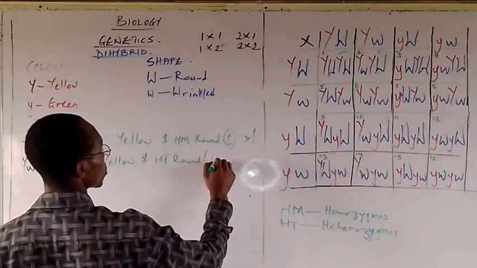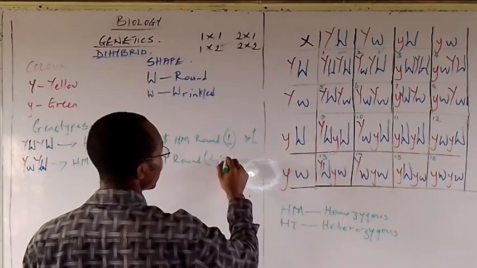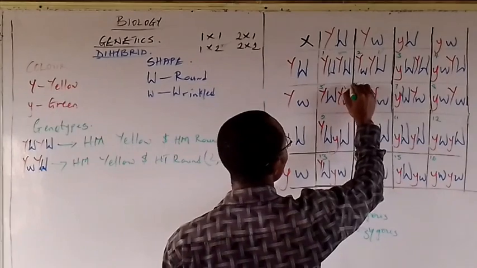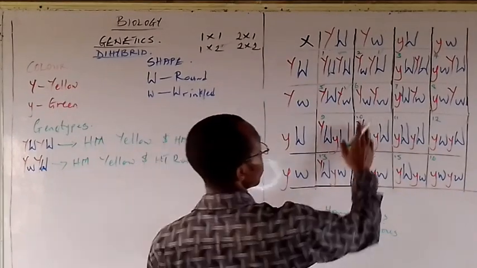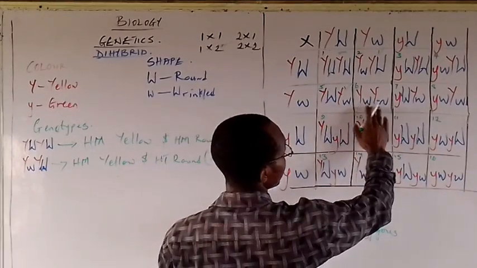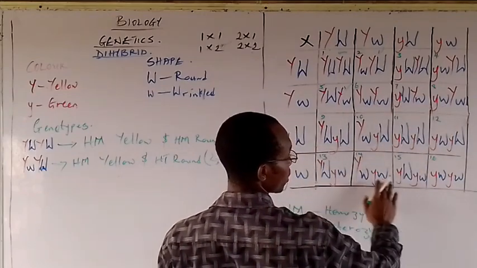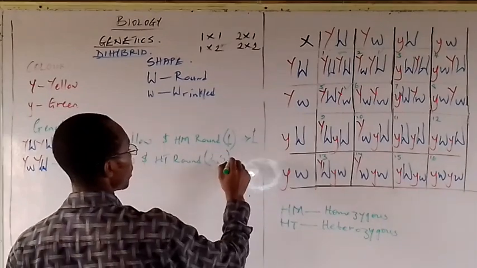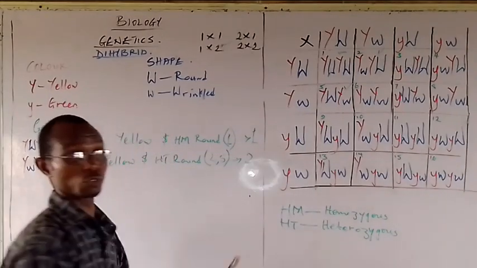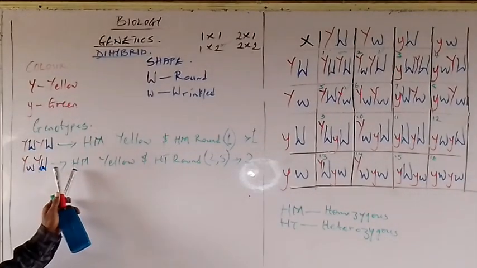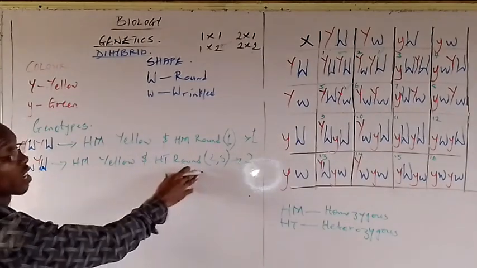So we have it in number 2, number 5. Let's see if we have it elsewhere. So let's mark number 5. 5 is taken. So let's see if it is in any other place here. No, it is not seen any other place. So we have 2 possibilities of this particular one, which is homozygous yellow and heterozygous round.